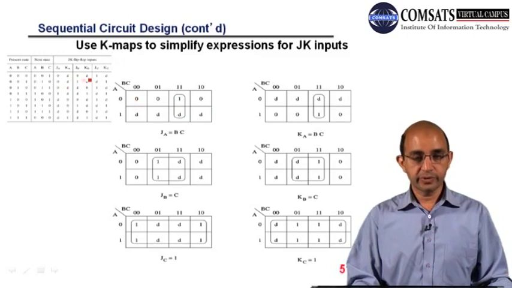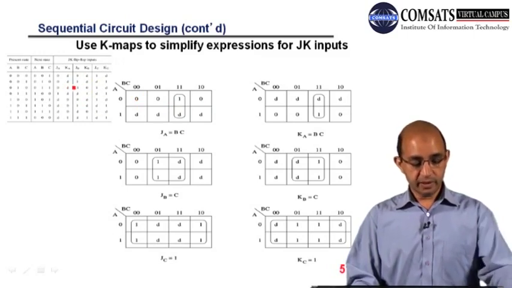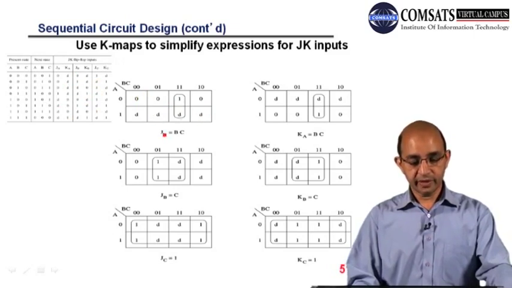because these are the inputs to the flip-flops, and those inputs can be simplified by using K-map. Here we have JA, and you can see this is the only 1 and others are don't care. So we can have this pair. For KA we have BC. If I look for JB, we have 1 1 and others are don't cares.